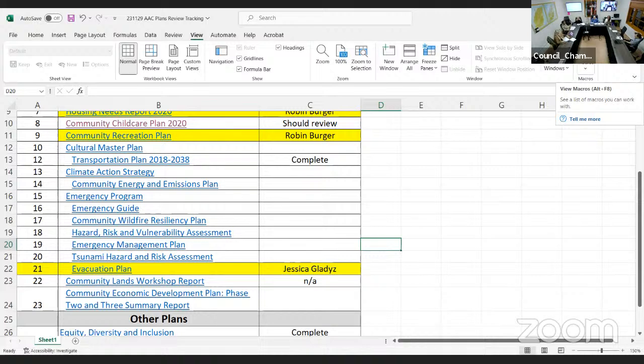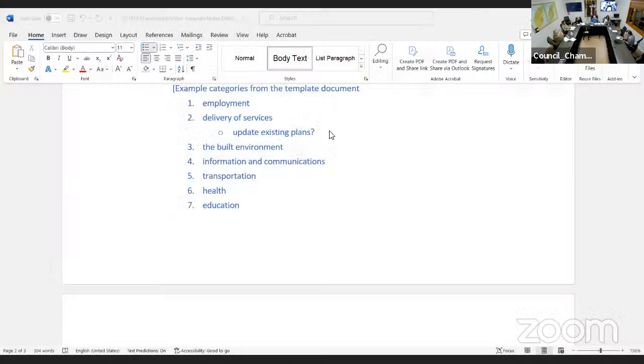So within that plan that we create, we could have some sections that say all policies, plans, and so on, created in the future should include an accessibility lens when they're created. All existing policies and plans should be reviewed with an accessibility lens. That way we don't necessarily have to say this one's good and this one's not.